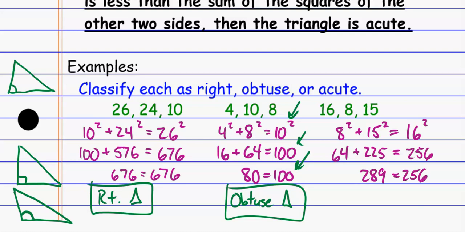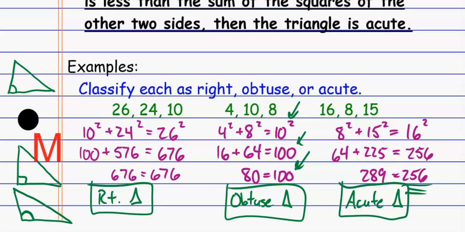Once again, the key is the side that was by itself, the thing I expected to be the hypotenuse. That's too small, which means the hypotenuse is smaller than it needs to be for that to be a right triangle. So it's not a right triangle. That side was too small, which means the angle across from it must be too small. So instead of 90 degrees, it must be smaller than that, which means this is an acute triangle.